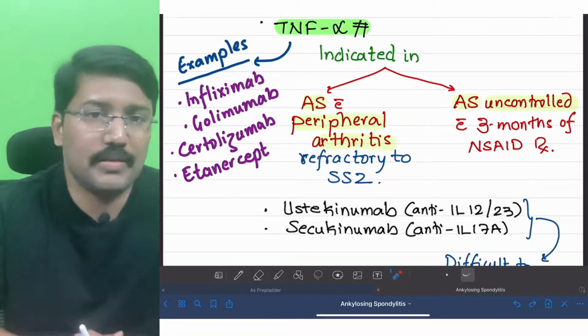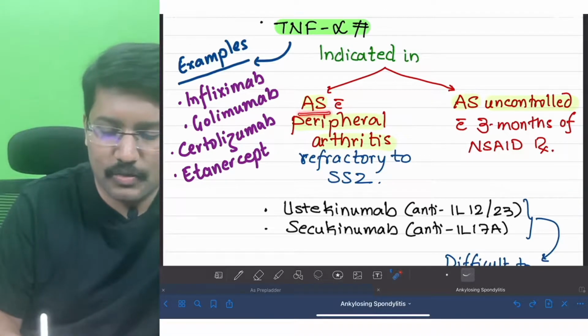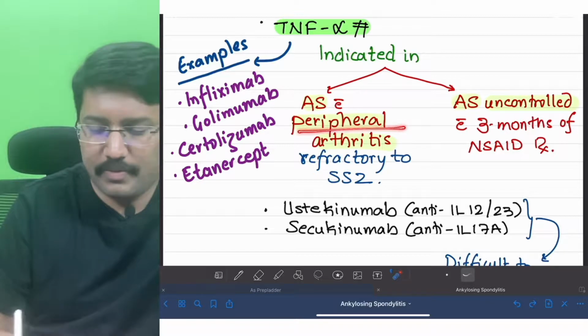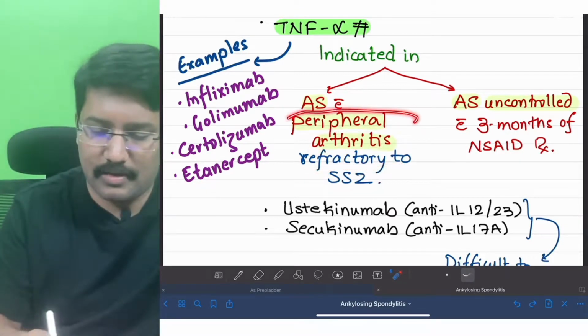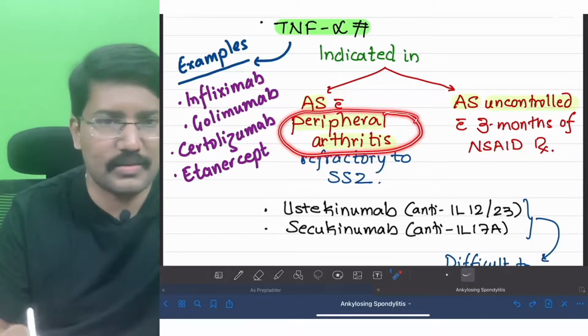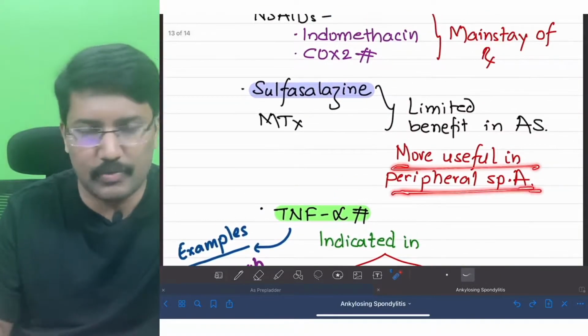Okay, when is it indicated? It is indicated in patients with ankylosing spondylitis with peripheral arthritis which is refractory to sulfasalazine. Sulfasalazine is more useful when there are peripheral symptoms.